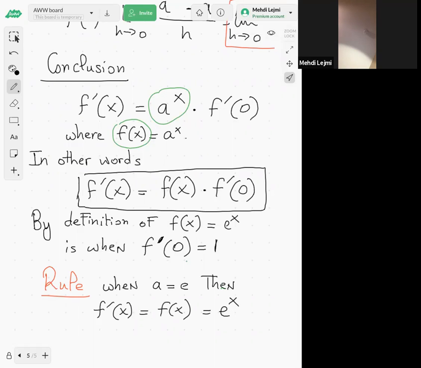The derivative of the exponential function in base e is equal to the same function. So when a is equal to e, f prime of x is equal to f of x, which is e to the x. So the derivative of the exponential function in base e is the same function, e to the x.